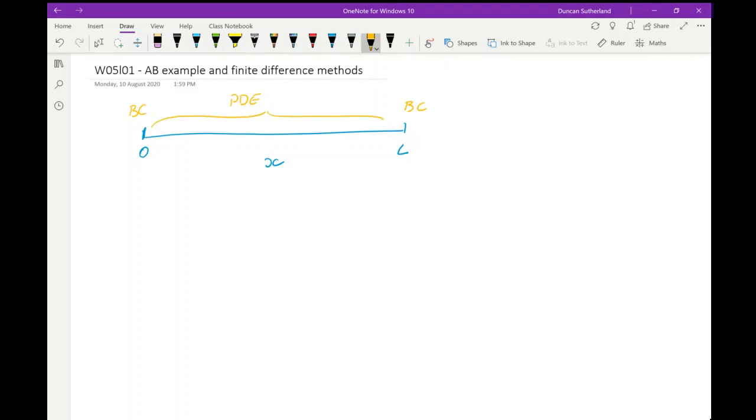What we're going to do is break up this interval into a number of finite steps. As we did with the Euler method, we took a step h, or delta t, whatever convenient notation it is, and that was our grid. So I'm going to break this up into our discrete grid of points along here.